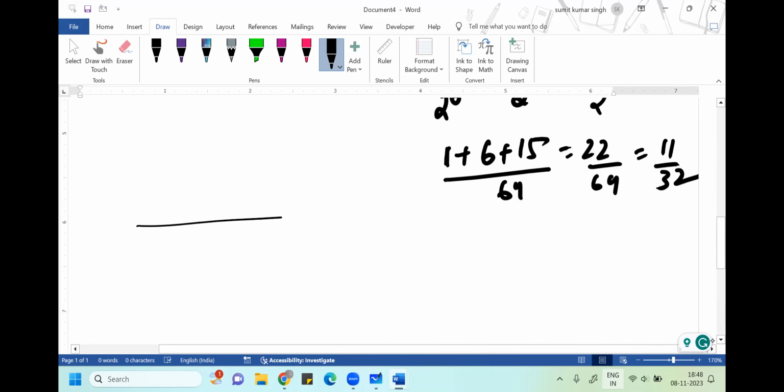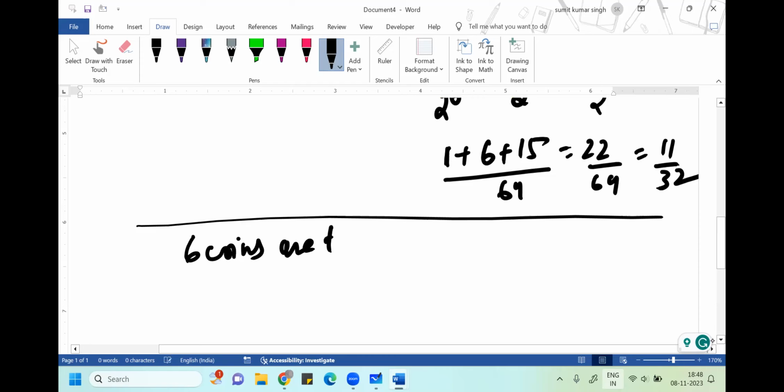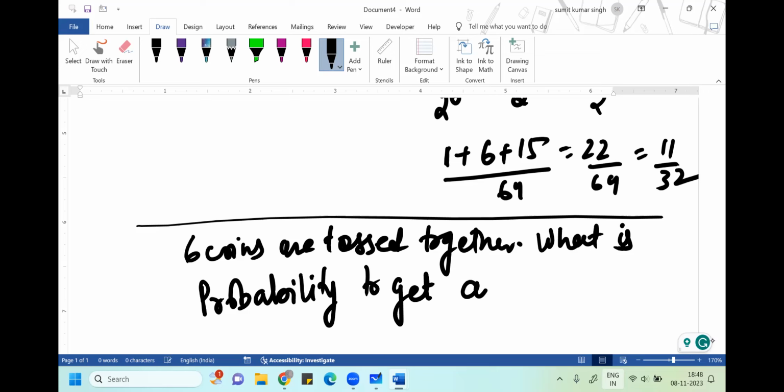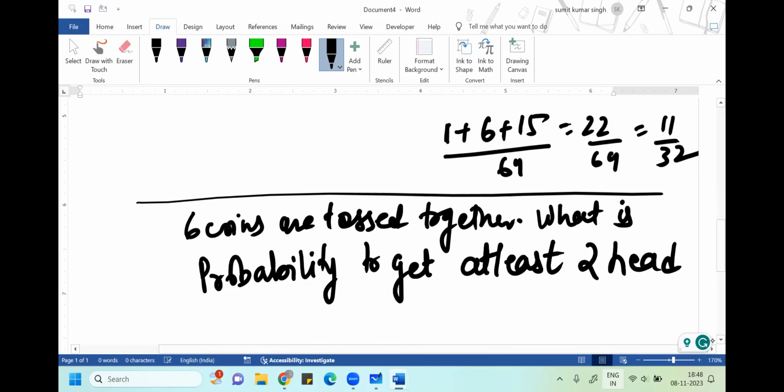If I ask you the same question, 6 coins are tossed together. What is the probability to get at least two head? Then what is your answer? Anyone?